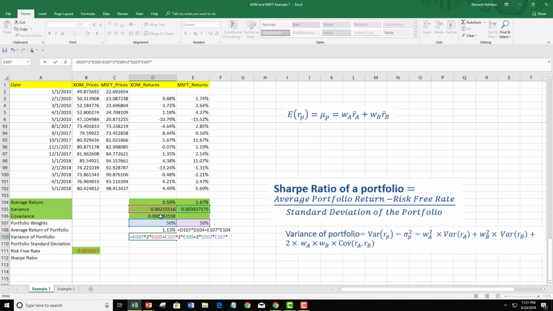So it's the covariance which we have already computed. If you include all of these, you can simply hit enter and that gives us the portfolio variance, and I can show you the formula.